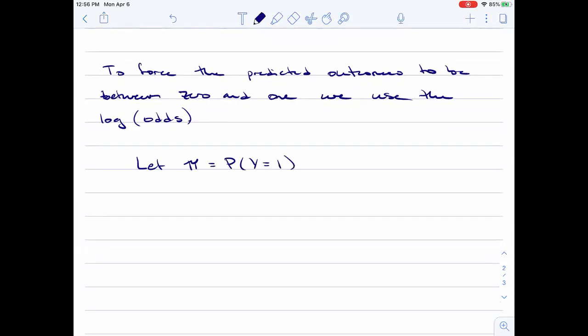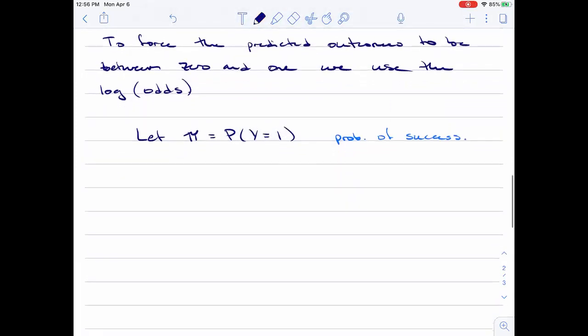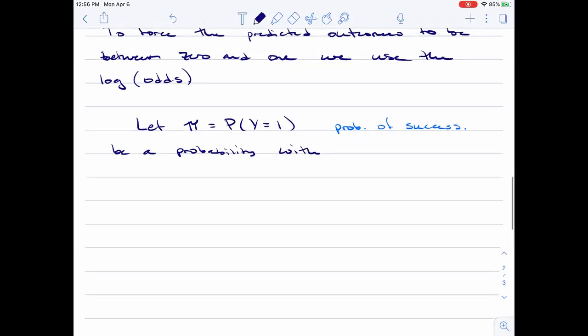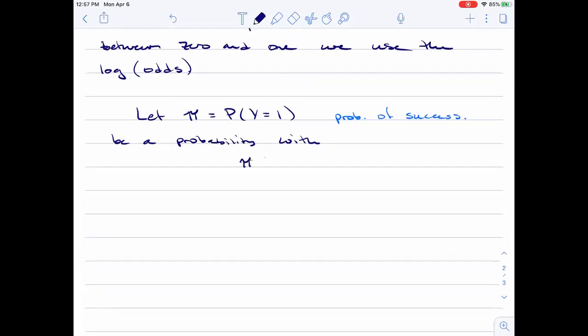So overall, pi is the probability of success, a probability with pi between 0 and 1.